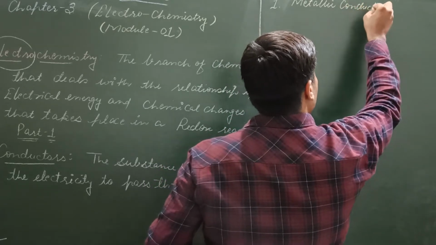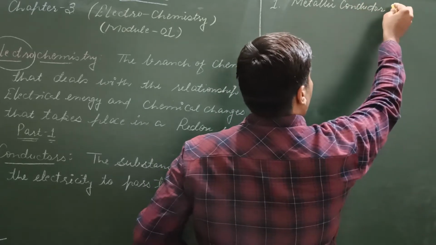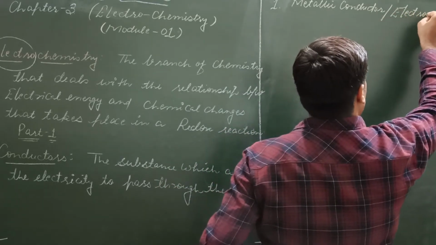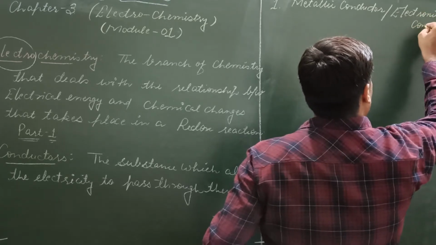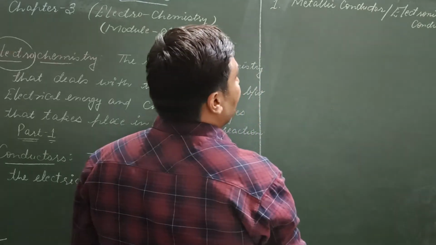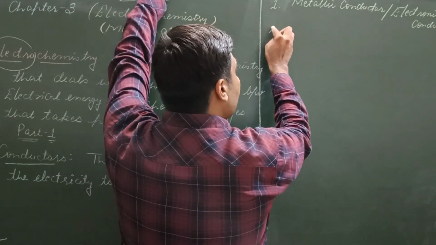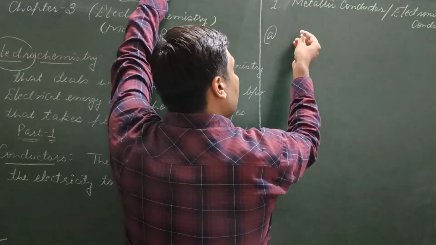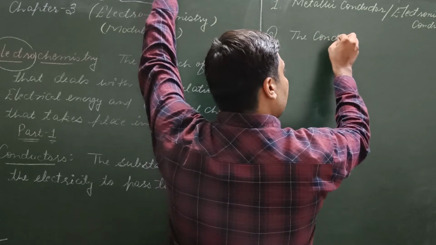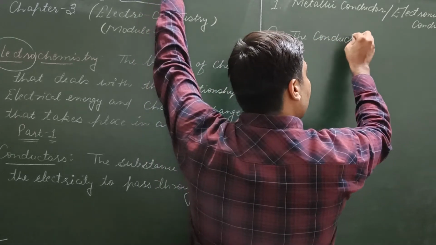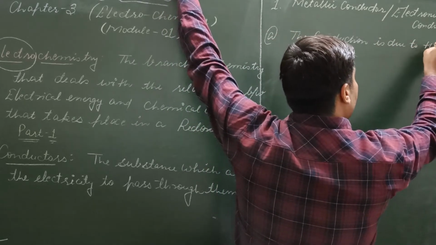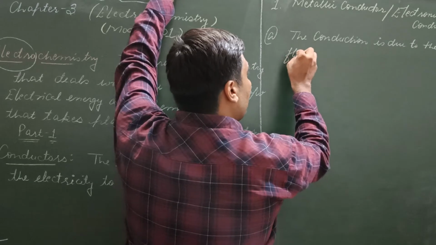Metallic conductors, or electronic conductors, are those conductors in which the conduction is due to the flow of electrons.